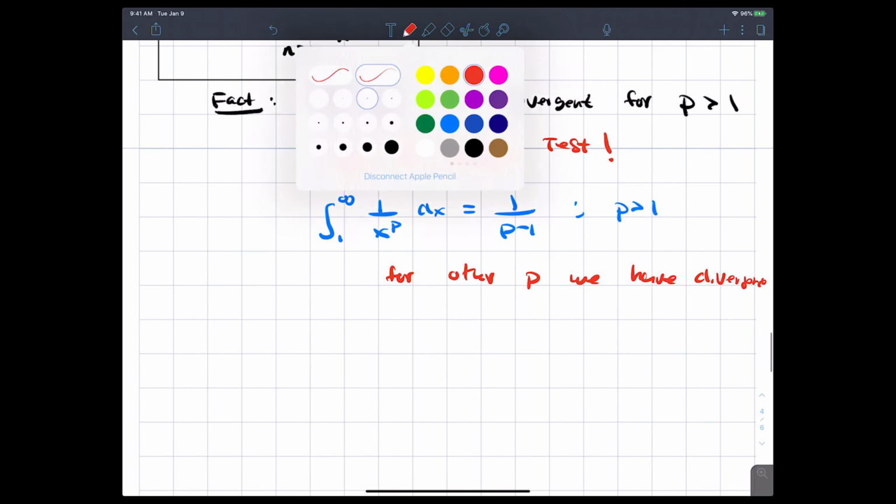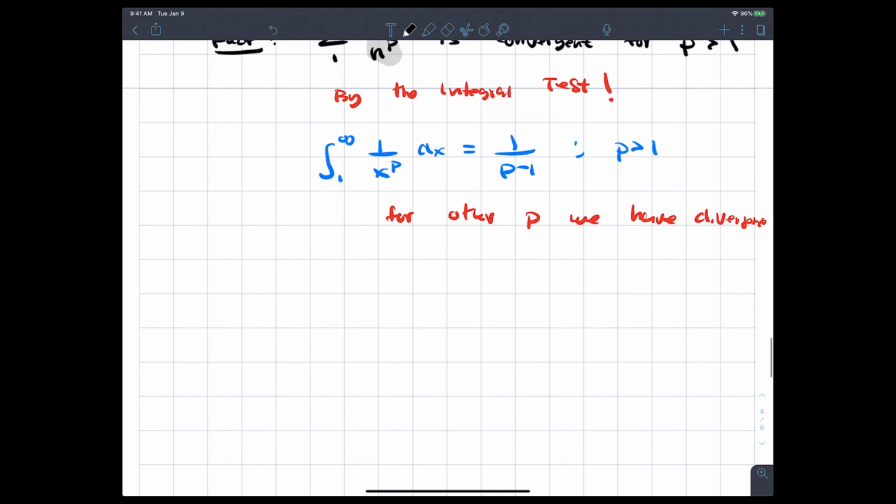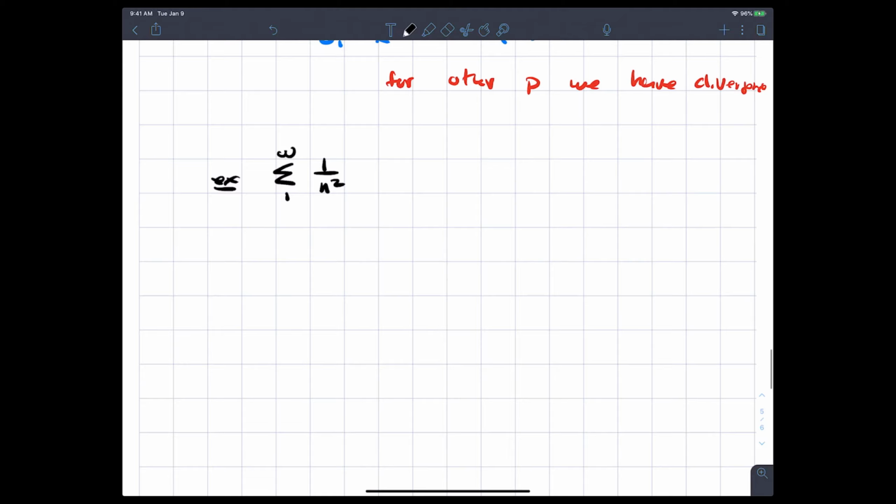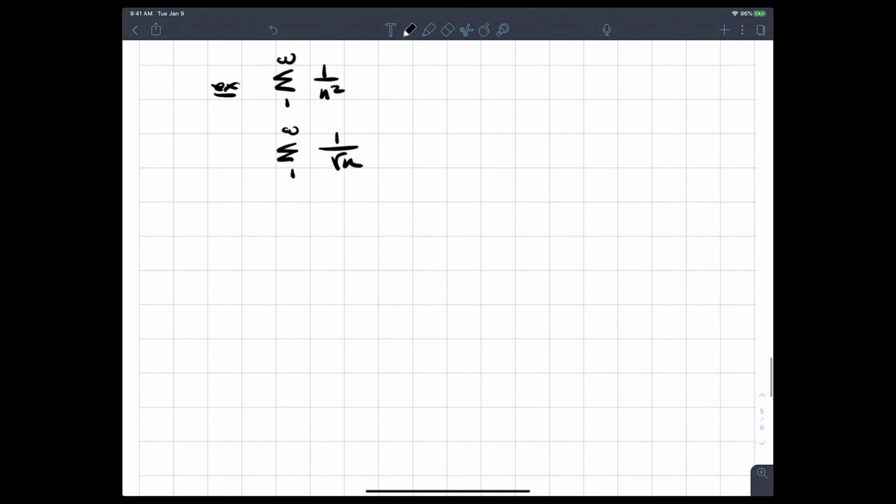So for example, here's a big example. Here's a whole sequence of examples. You got 1 over n squared, n is 1 to infinity. We have 1 over the square root of n. We have 1 over n to the 3/2.